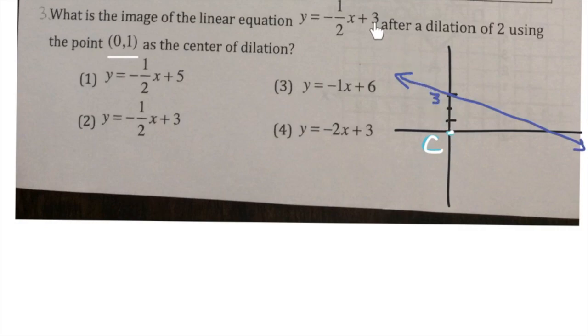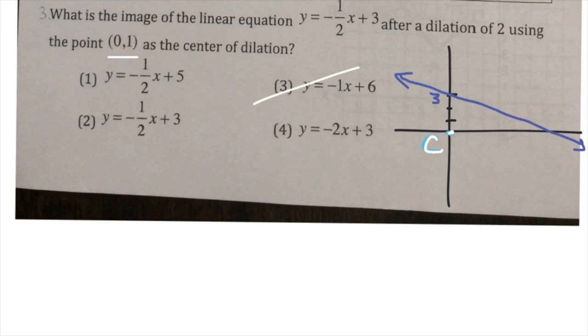You would just take the y-intercept and multiply it by the scale factor, which would give you negative 1/2 x plus 6. And none of those choices are there, and that's because the center of the dilation was not at the origin. The center of the dilation should have been at 0, 1.